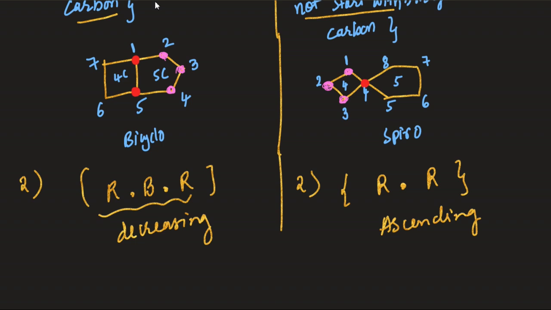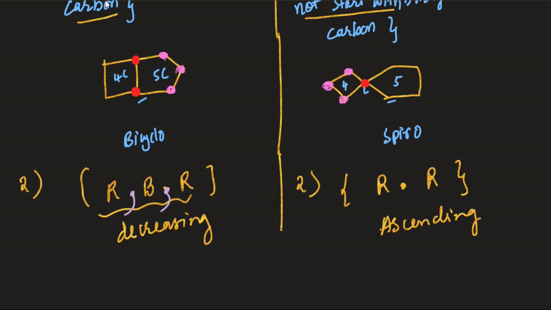So let me try to explain with an example. I will just remove this number, otherwise you'll get confused. Now let me explain how to write the bracket part. They are saying that in the bicyclic we have to write ring, bridge, ring. Sorry, you can take anything, better you keep a comma.